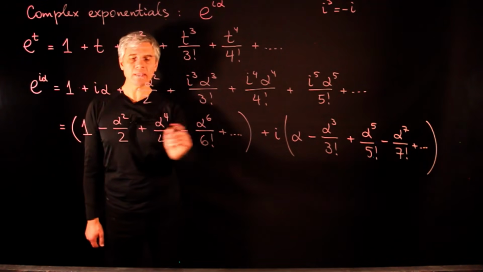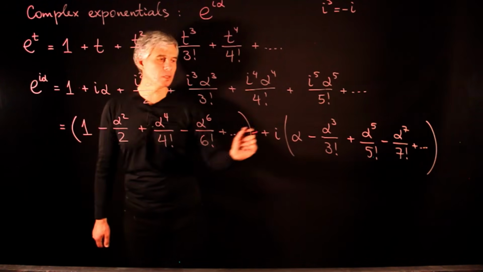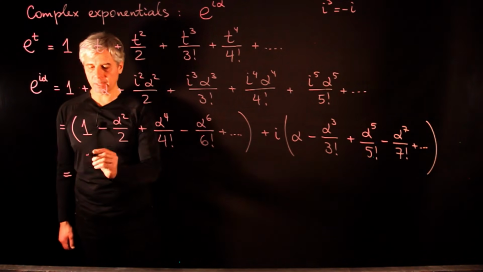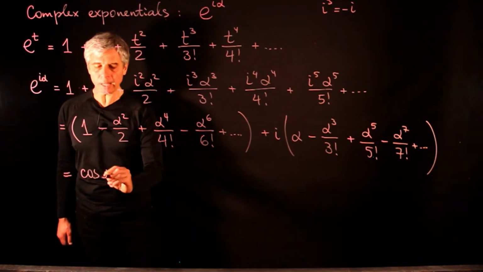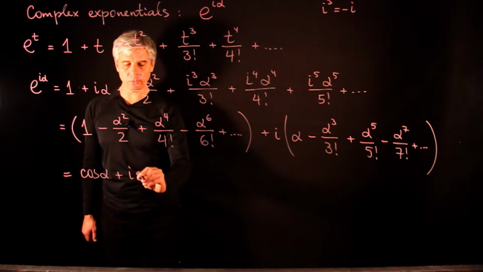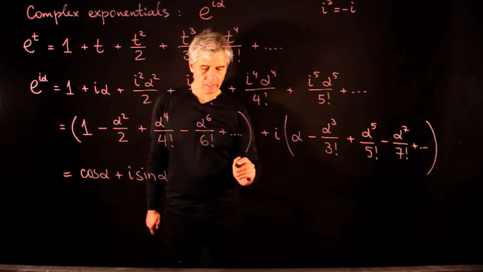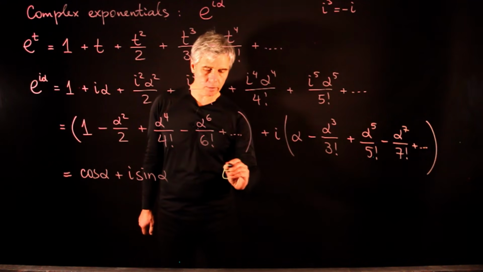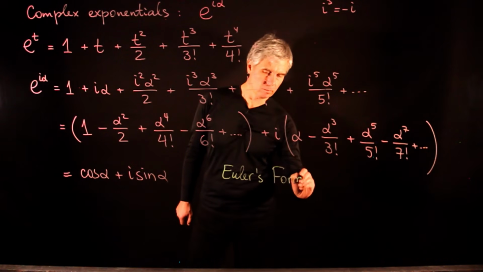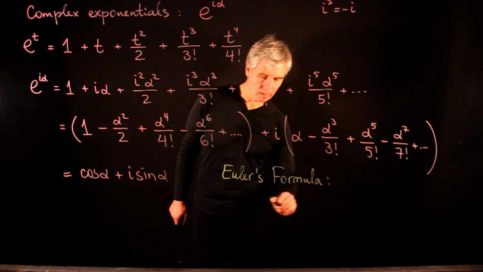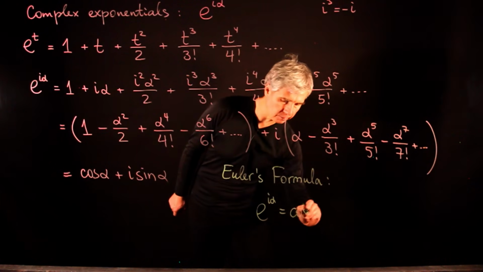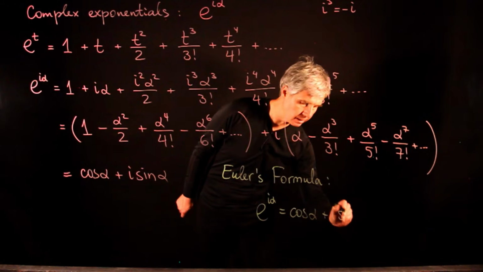Now we can recognize the Taylor series in each of these. For the real part, we have the Taylor series for cos alpha, and for the imaginary part, we have the Taylor series for sine alpha. And in this way, we arrived at Euler's formula: e to the i alpha is equal to cos alpha plus i sine alpha.